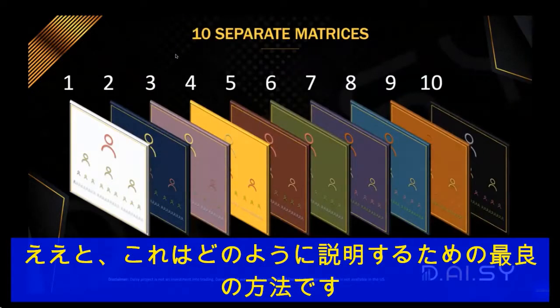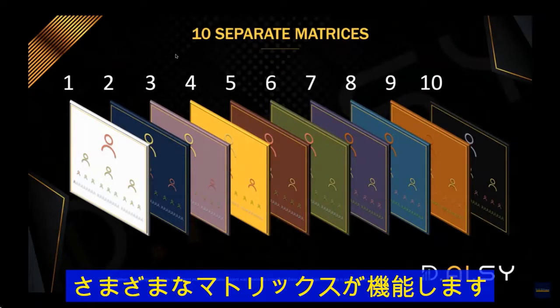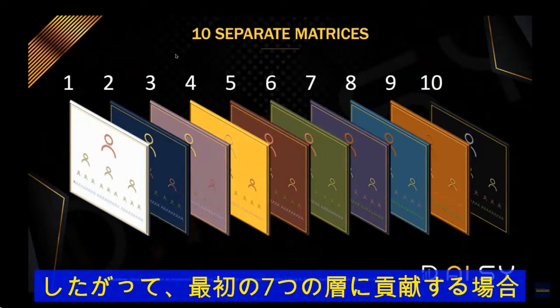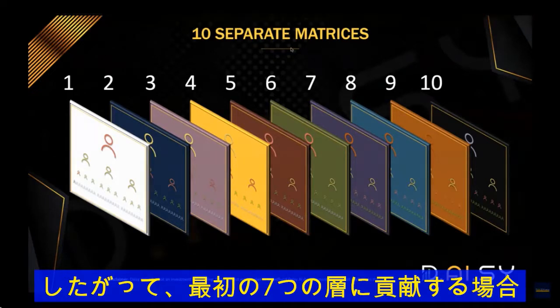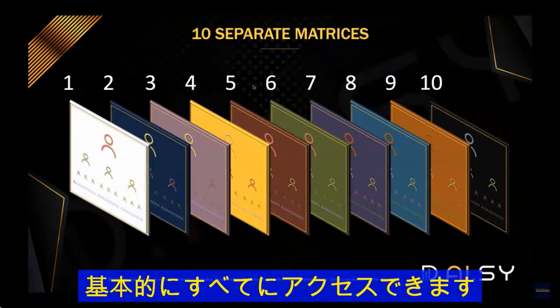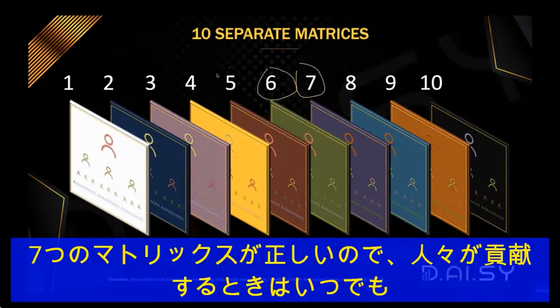So this is the best way to illustrate how the different matrices work. If you contribute to the first 7 tiers, you will basically get access to all 7 matrices, right?